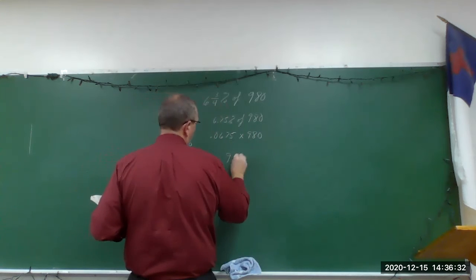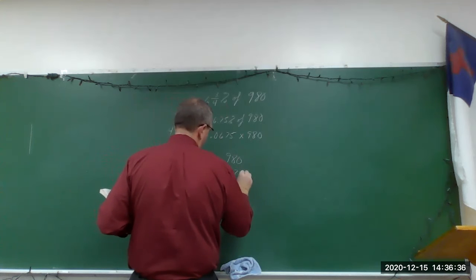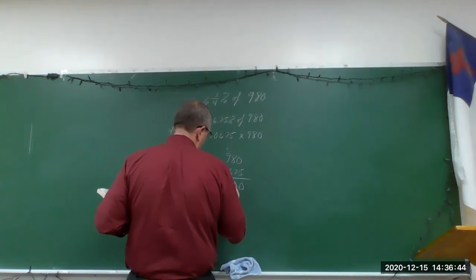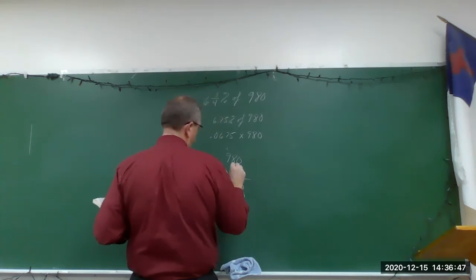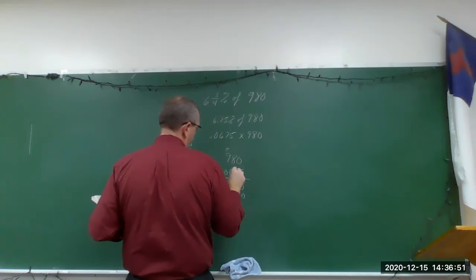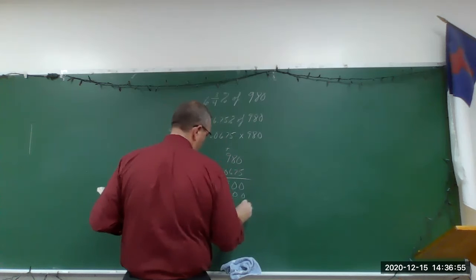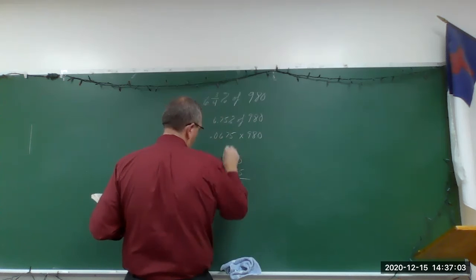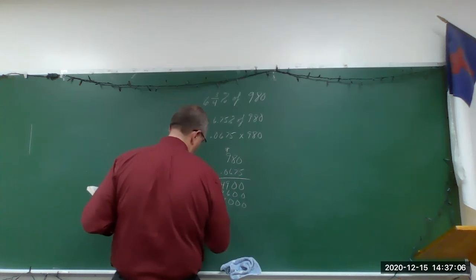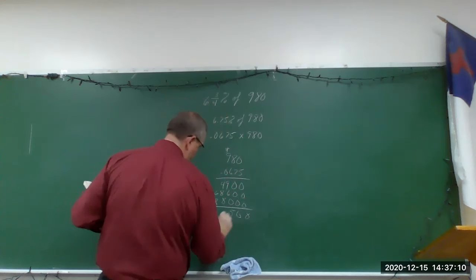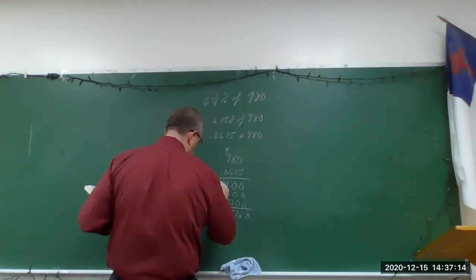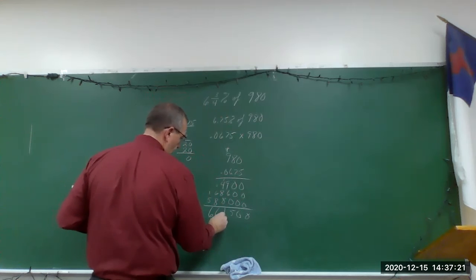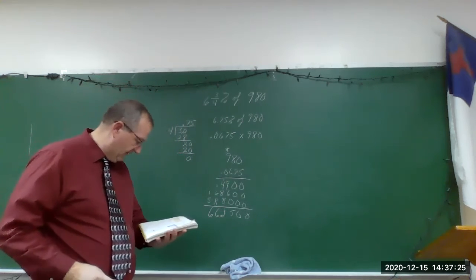Okay, so when we do the multiplication there, we carry through the partial products, and there's 4 decimal places here, so you're coming all the way over here, and you're getting 66.15. Okay?